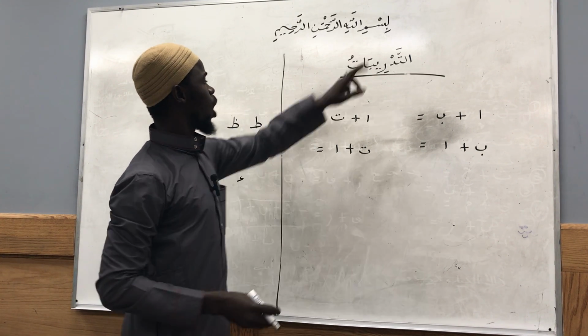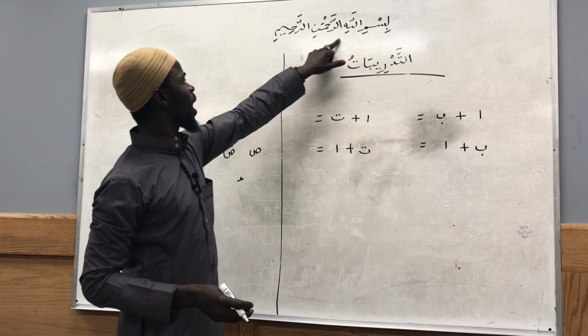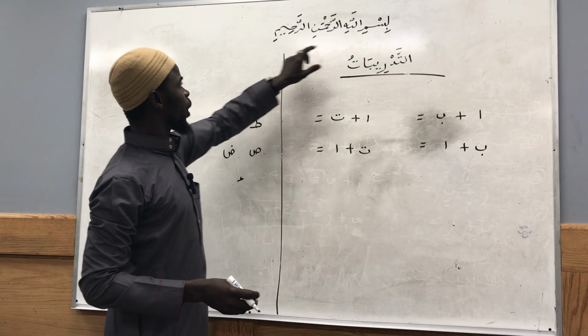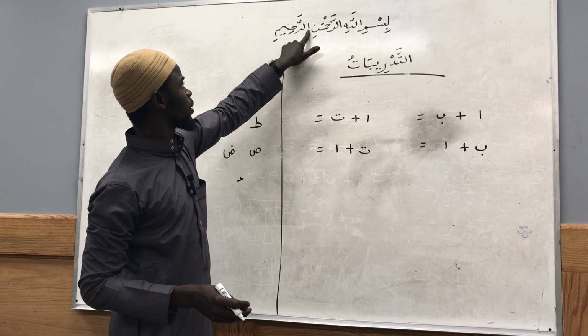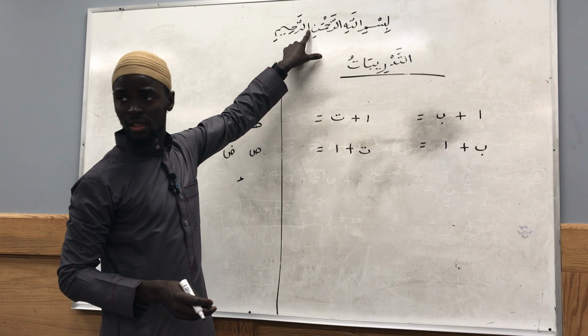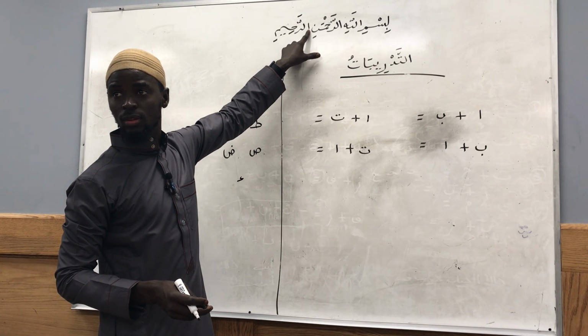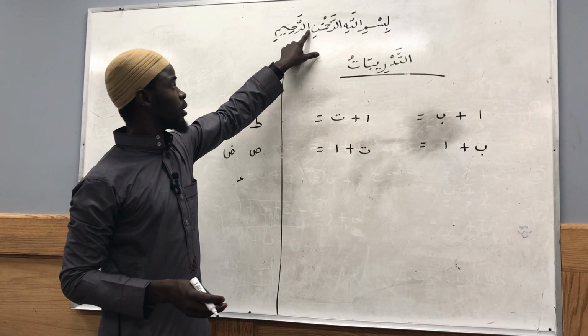How many alif do we have here? We have one, two, three. We have three alifs. We have four.